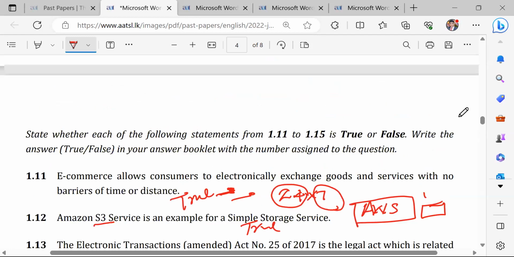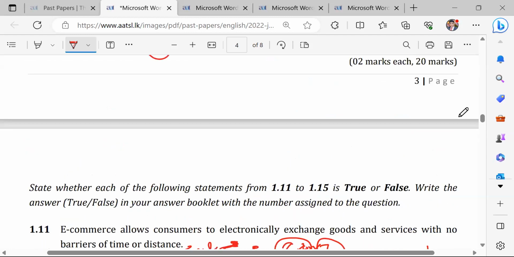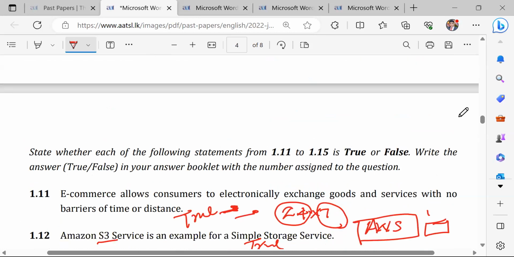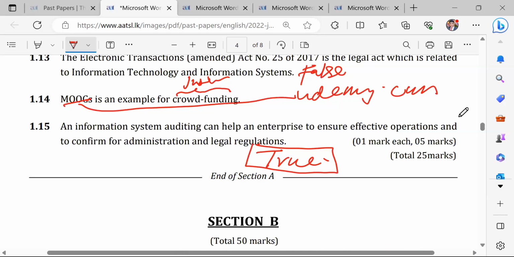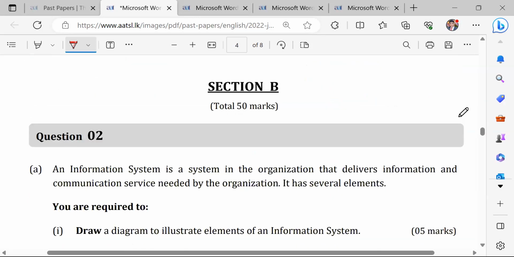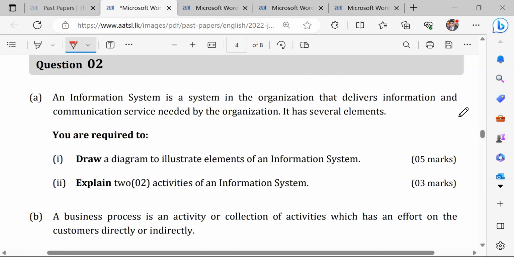Right, that is section A. Section B, it says draw.